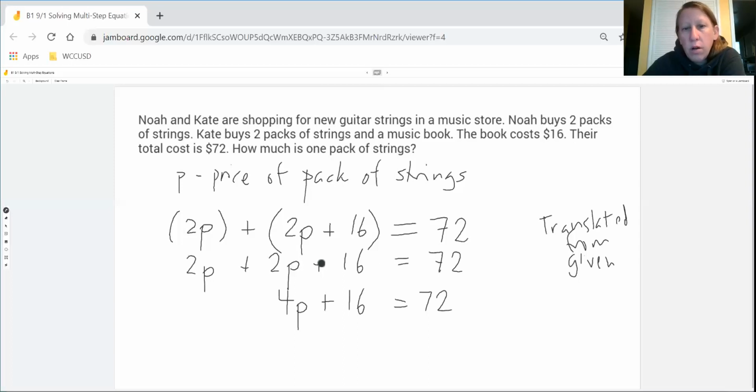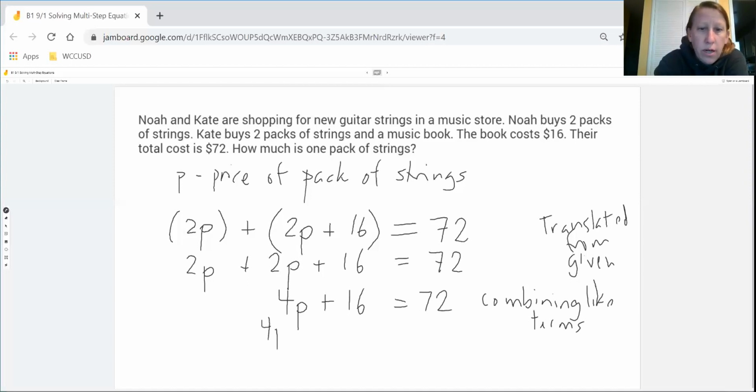We took a more complicated equation, and by doing some math, by using a property of combining like terms, we have turned it into a simpler 2-step equation. So this was called combining like terms. If someone's like, wait, what did you do? You're like, well, I combined the 2p and the 2p. Combining like terms.